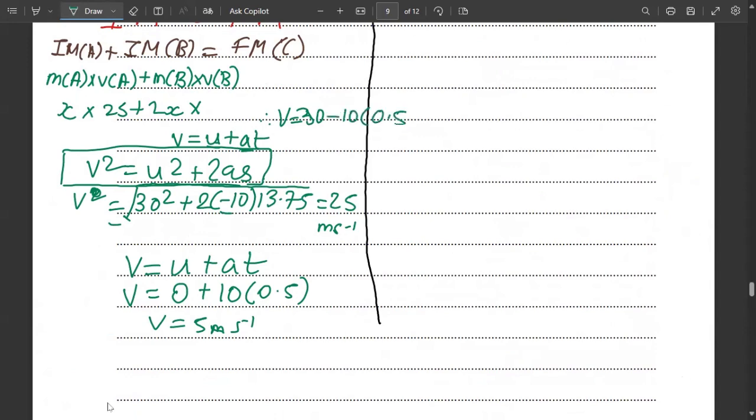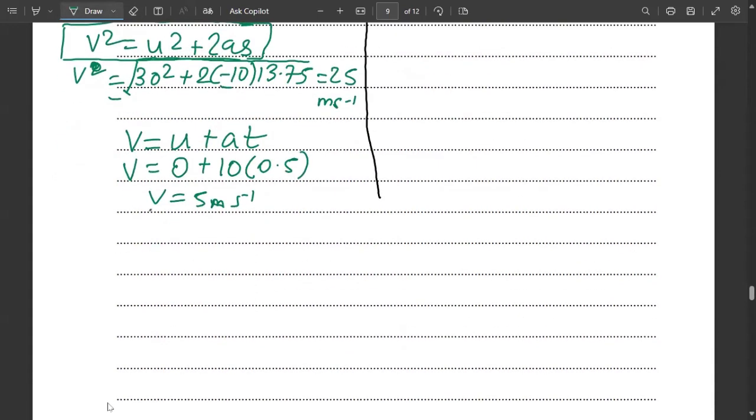Time is 0.5. So 30 minus 10 into 0.5, which is 5, gives 25, which is the same answer. Hence our working is correct. This is a good method to prove our answers. In case some answer was different here, then we should have been alert that there is some mistake in our working. So v is 5 meter per second.